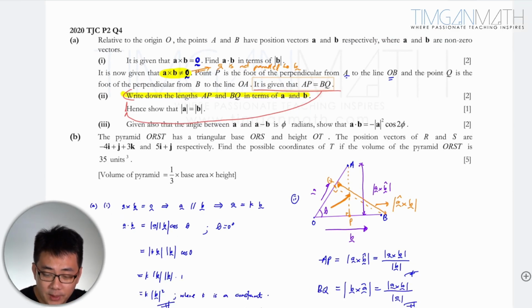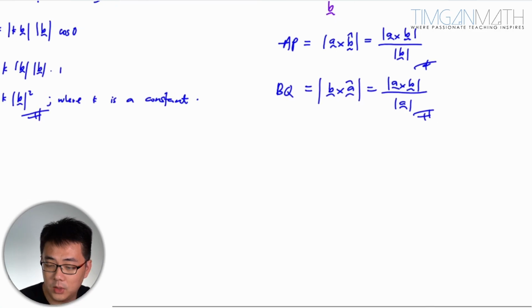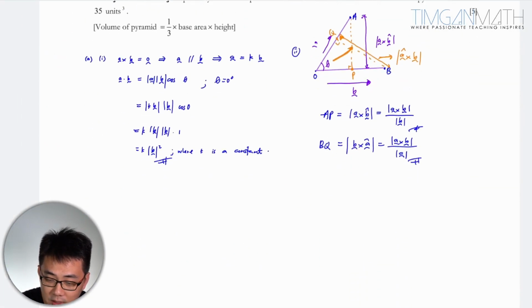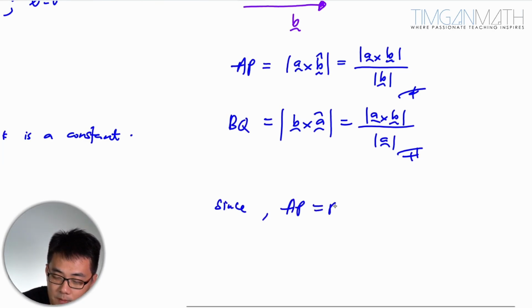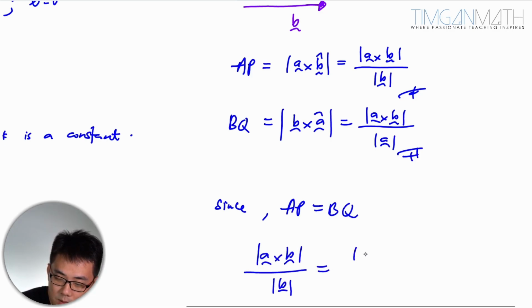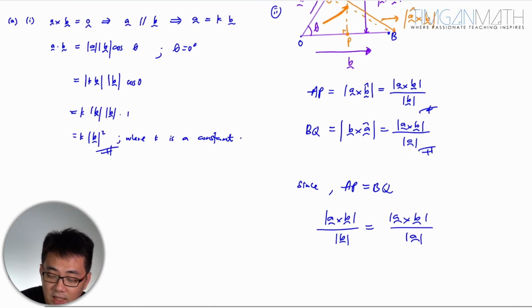Let's hence show that mod A equals mod B. So since AP equals BQ, you just need to equate both of these. So very simply, put mod A cross B over mod B equals mod A cross B over mod A. Now these are all the same values here.